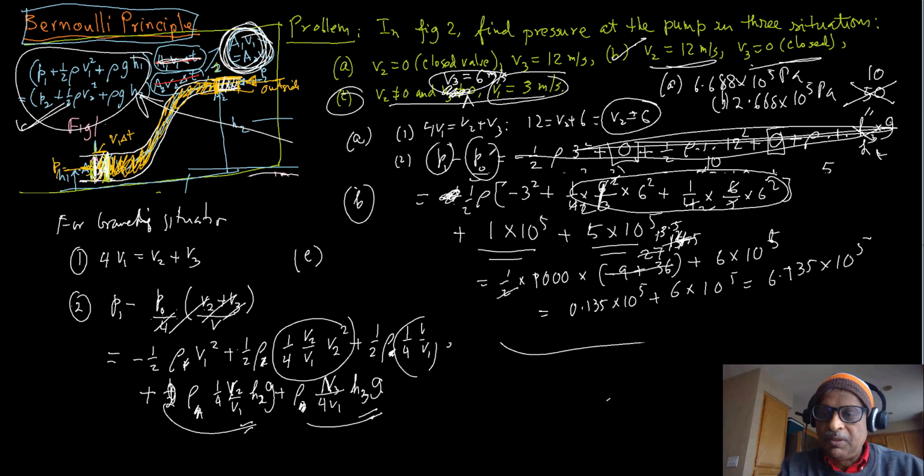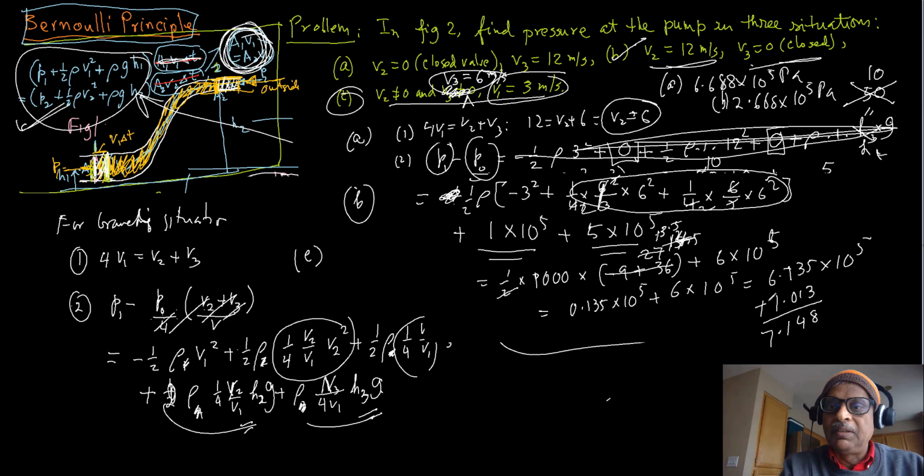So P0, then add 1.013, so for C, I'm going to have 7.148 times 10 to the power 5 Pascal.